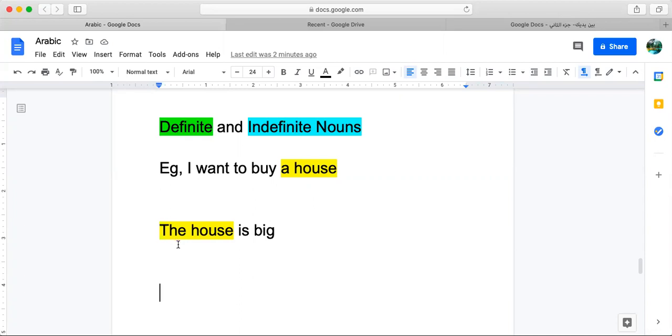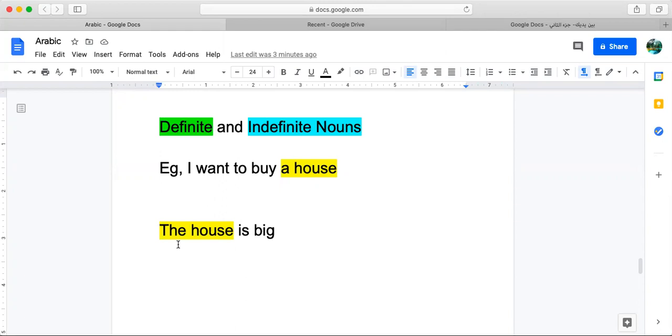you have things that are known. So you say, for example, I love the house that we viewed yesterday. If you went to view a house and you said the house, it's because you know what you're talking about. The car we viewed last week is expensive.